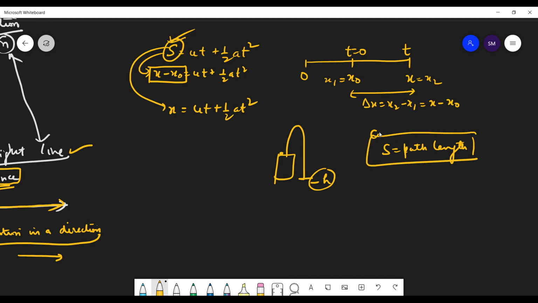That's the way to calculate distance. Okay. And the second thing is that if you are moving only in one direction, then the displacement and distance are the same thing. Is this clear? Yes, sir. Clear. Okay, good. Let's do the next question then.